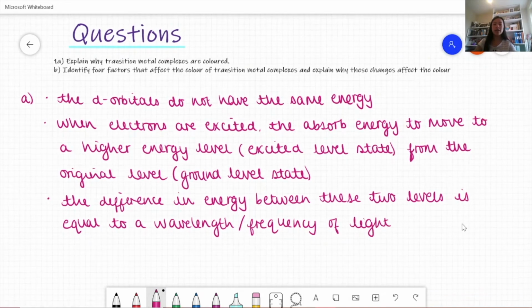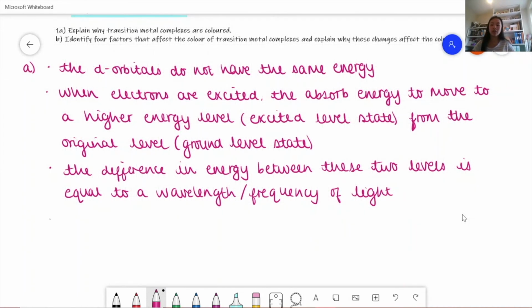And so that means that we see the light which isn't absorbed.